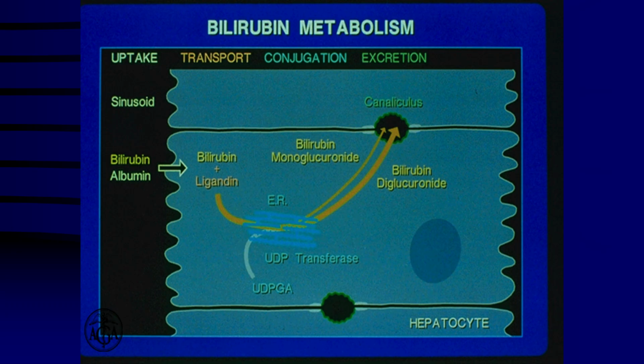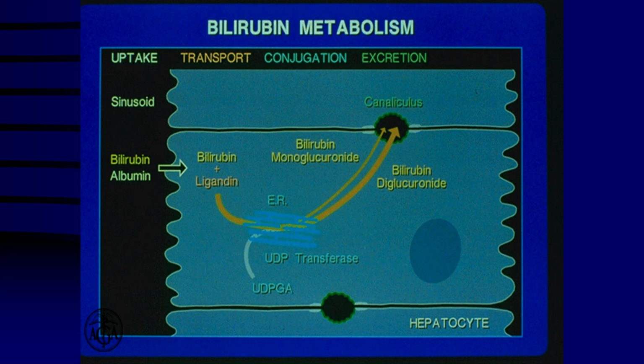bilirubin, conjugated bilirubin, is acted on further to become urobilinogen, which is absorbed across the intestine into the bloodstream and which is filtered by the kidney and metabolized into urobilin.